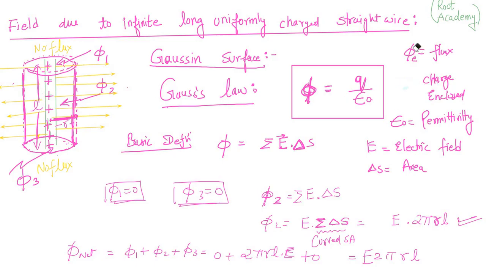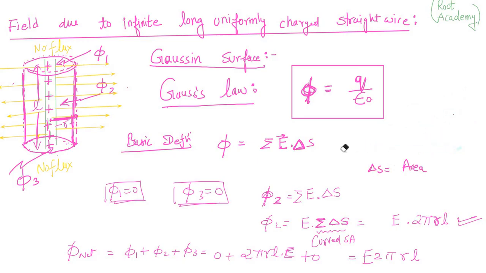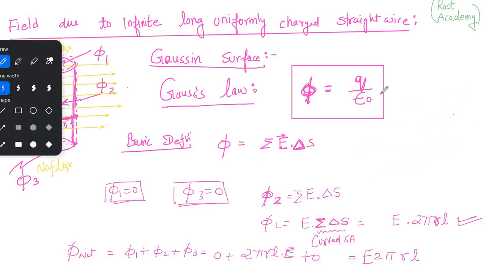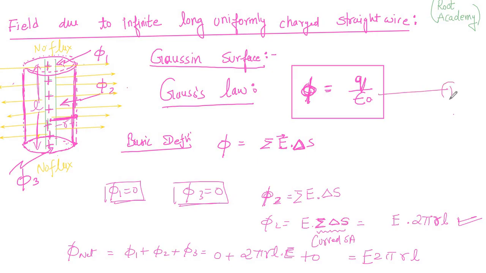We got flux by two formulas. One is Gauss's law and the other is the general definition. So this one is the flux due to Gauss's law and this one is the flux by the basic definition. Can I say 1 is equal to 2? Correct?